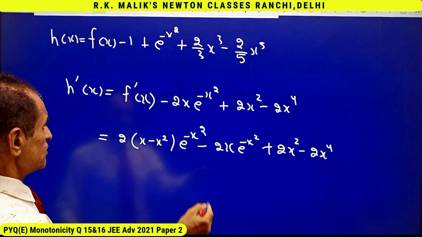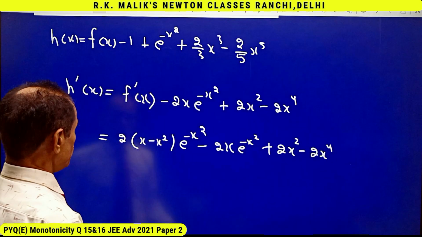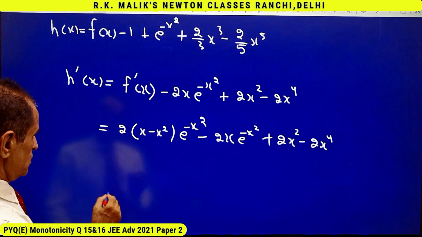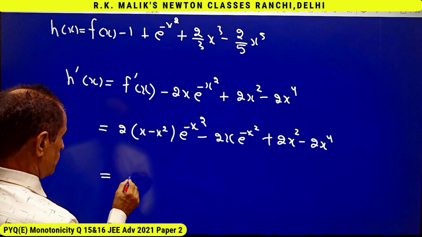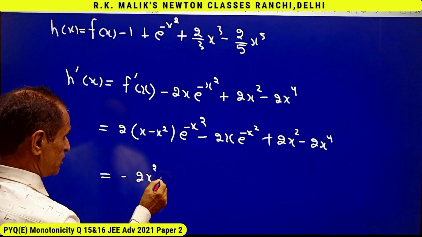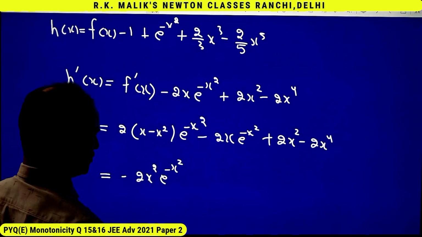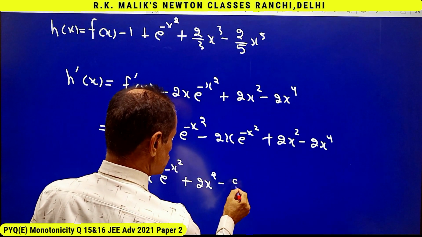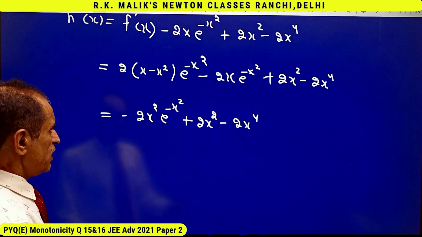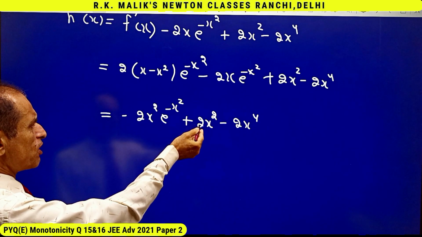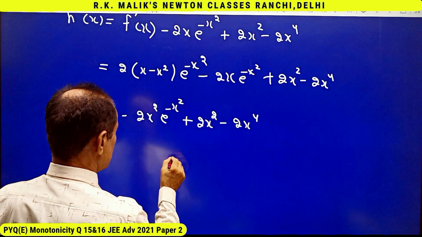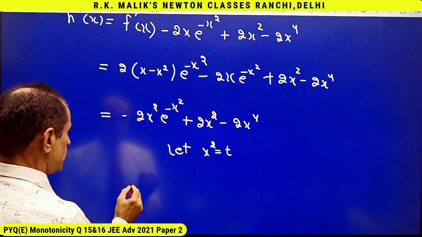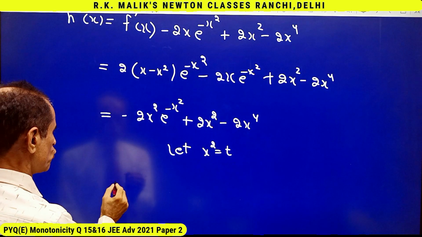That is, I have to check whether this is positive for these values of x or not. This is equal to minus 2x square e to power minus x square plus 2x square minus 2x power 4. And because everywhere even power of x is there, for simplicity let x square equal to t, and I take 2 common also.